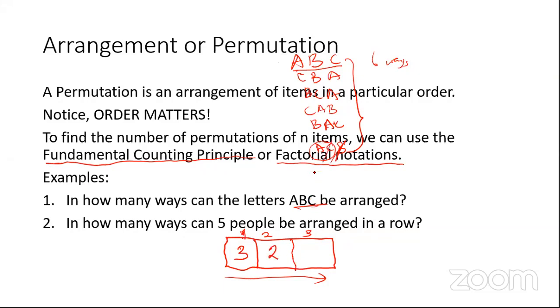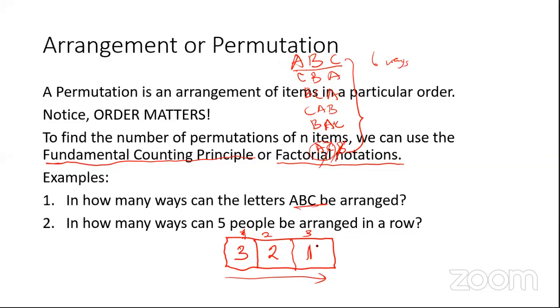If eventually I pick C, for the third letter I don't have any option other than to pick the remaining one, so I have just one option left. So I have three ways of filling one, two ways of filling two, and one way of filling three.